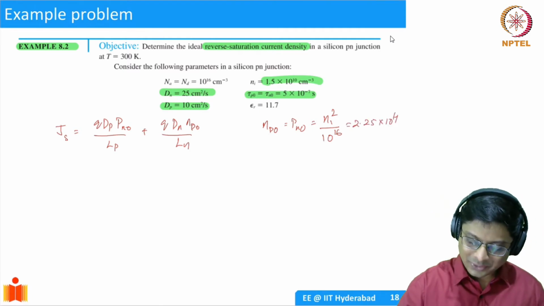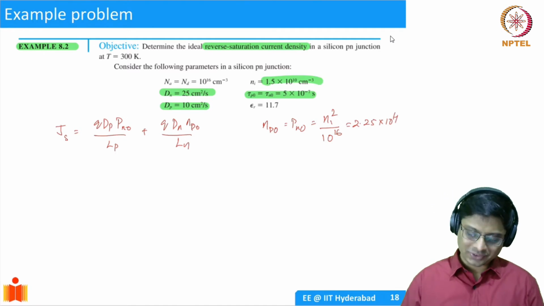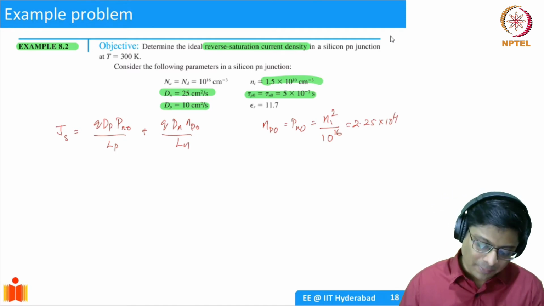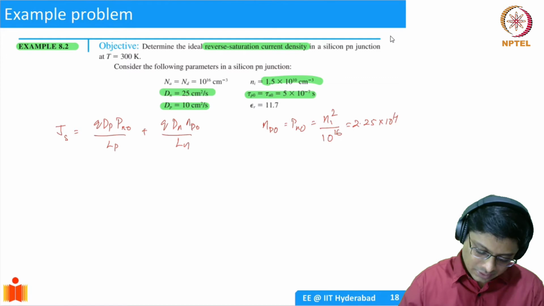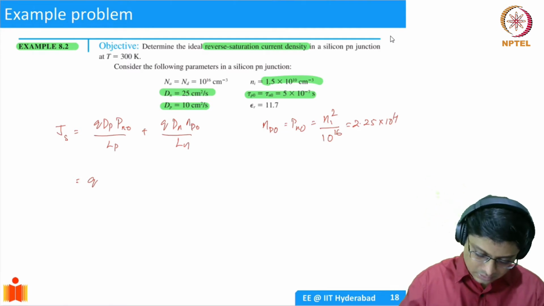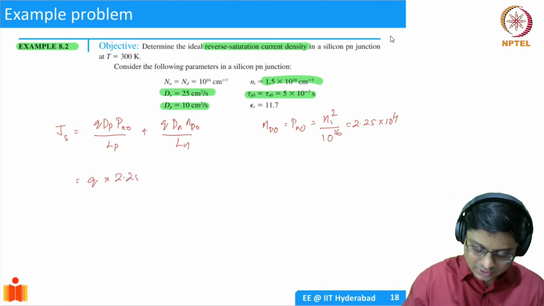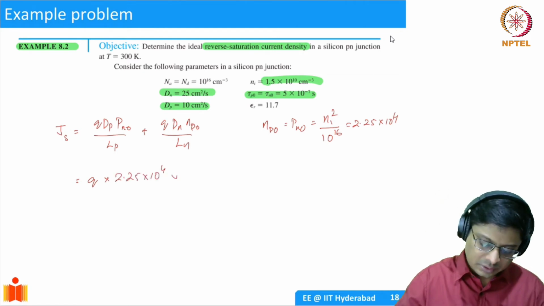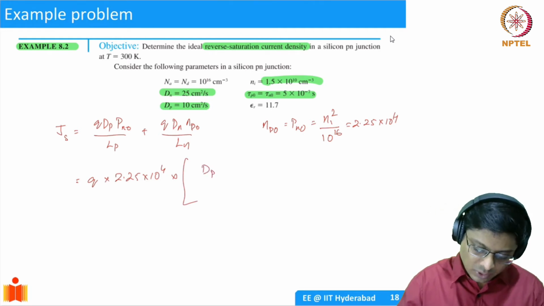I didn't make an approximation now, because the denominator is 10 power 16, it's an easy number. So now how do you compute? This is going to be equal to q times np0 and pn0, which are 2.25 times 10 power 4, times Dp by Lp. Dp is given to us. What is Lp?